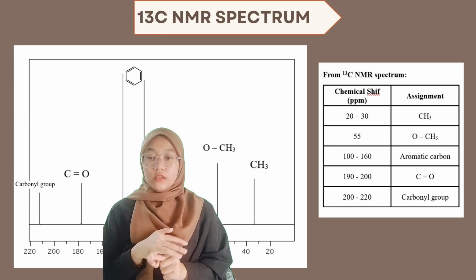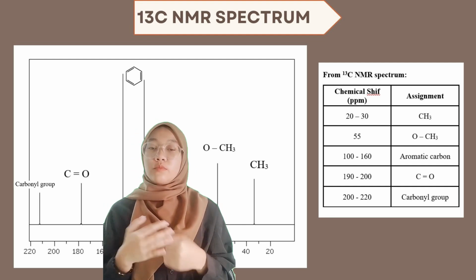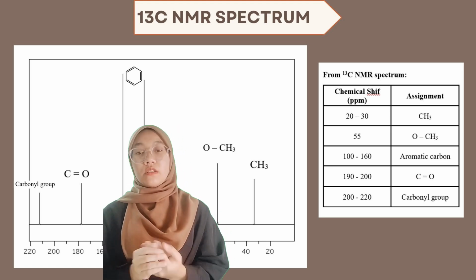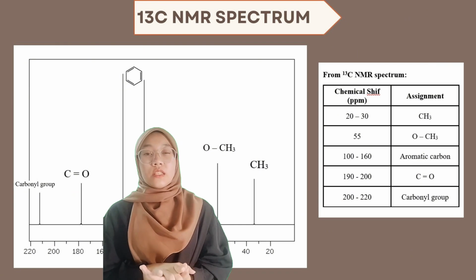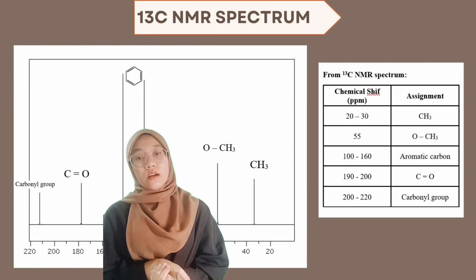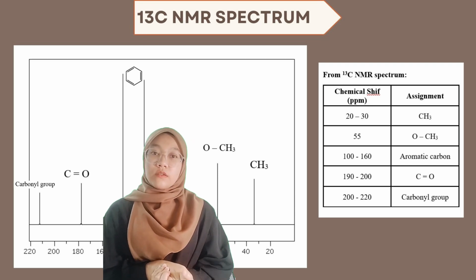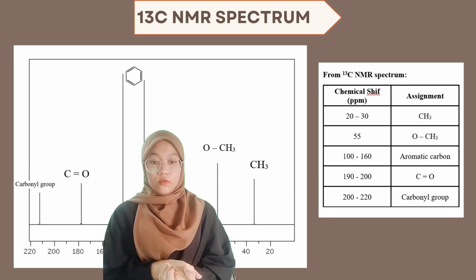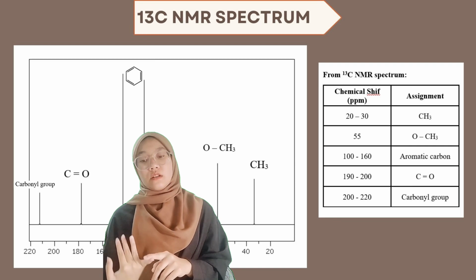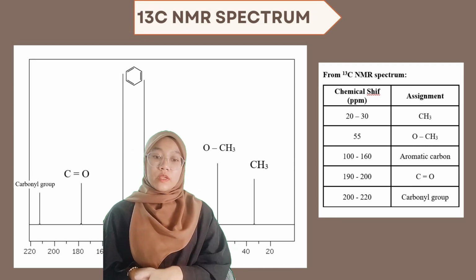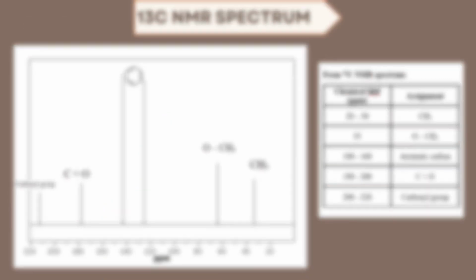Second, the aromatic carbons appear as signals between 100 to 160 ppm, indicating carbons in the aromatic ring. The last are the methoxy and methyl carbons. The methoxy carbon resonates around 55 ppm, while the methyl carbon resonates around 20 to 30 ppm, both in their respective chemical environments.